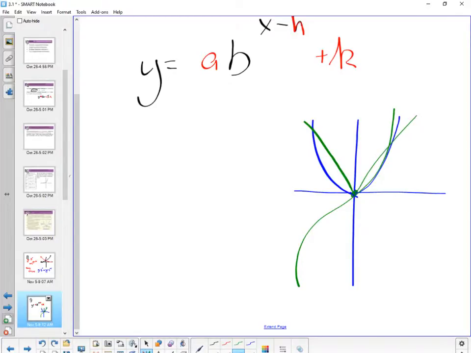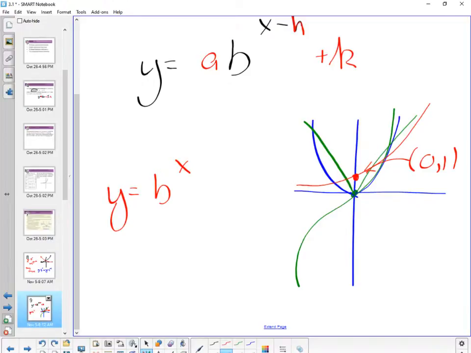And with quartics or cubics of any type, odd ones, they behave in the same fashion. Now we have something that's a little different. Ours doesn't cross the point 0, 0. It always crosses the point 0, comma 1. So now, why? Let's go back to this function real quick. y equals b to the x.